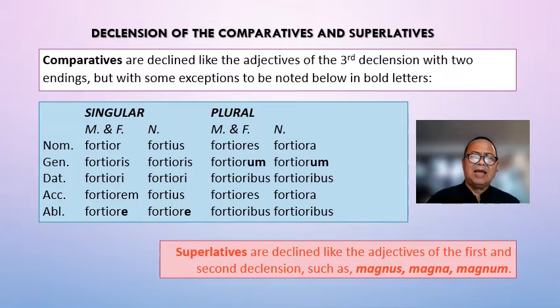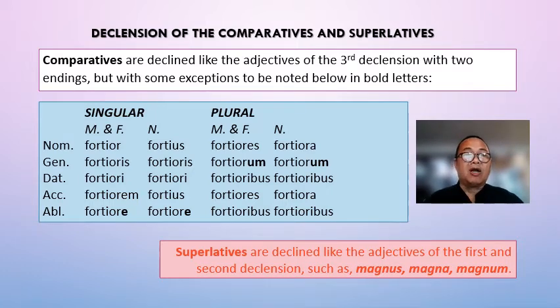So there's therefore the need to go back and learn or review the declension of third declension adjectives with two endings. Remember that the third declension adjectives are grouped into three different groupings depending upon the form of the nominative singular.